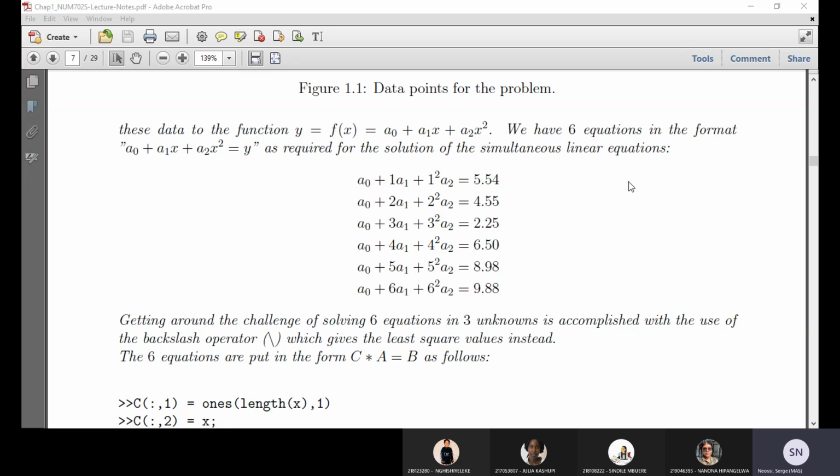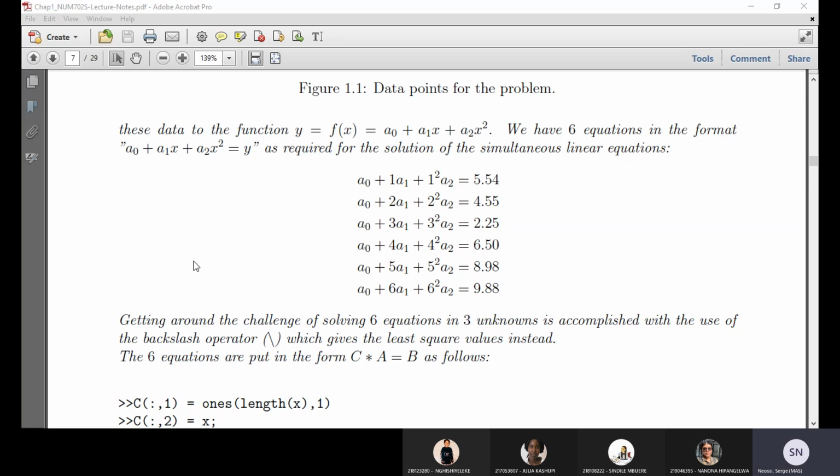Last time, we had the MATLAB practical session where we solved this problem. We fitted this function to a set of data points given in the form of a table.